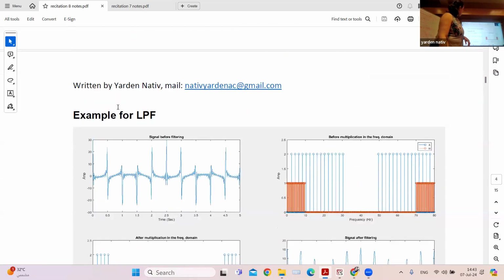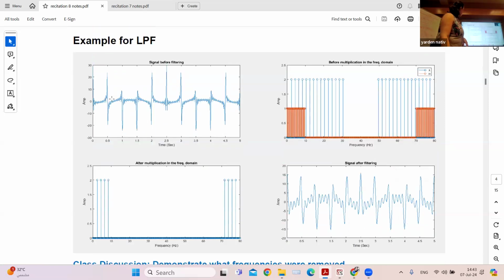Okay, so let's see an example for a low pass filter. We have here a signal that was built by combining together specific known frequencies. We have here the frequencies from 0 to 30 and from 50 to 80.